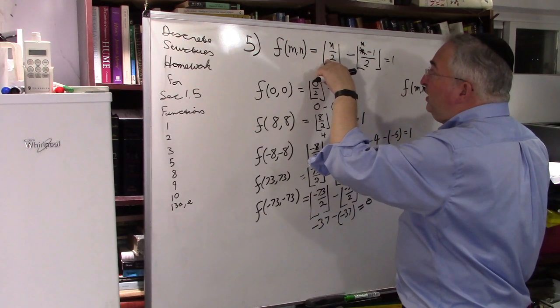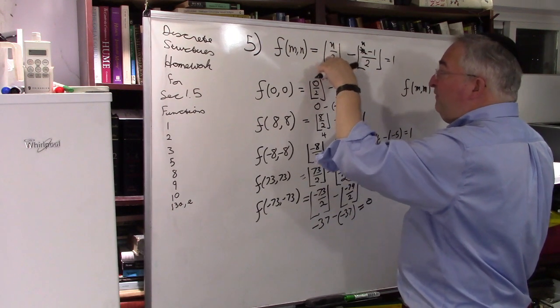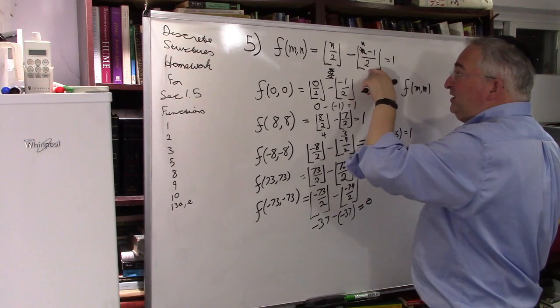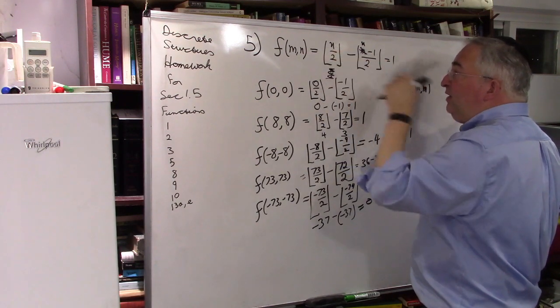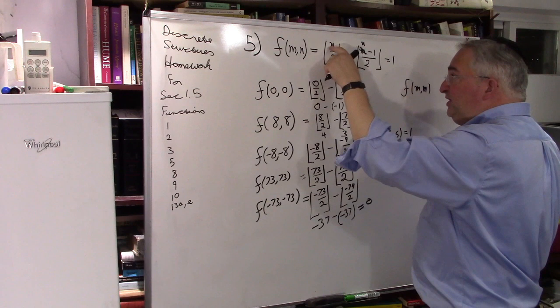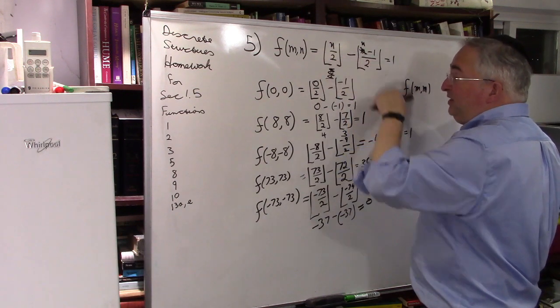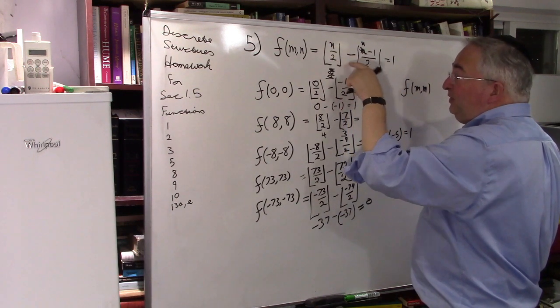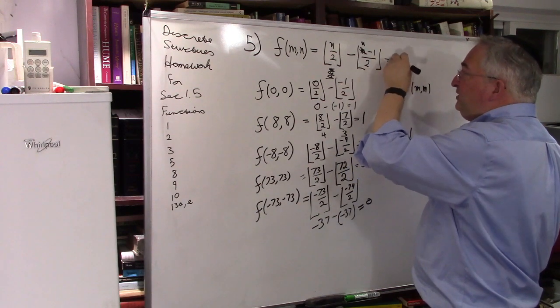Okay. If n is odd, this is even, and so this is the same thing as the floor. So here you're going to go down one number, and here it's going to be exactly that number, one below, whatever, and then it's going to be 0.